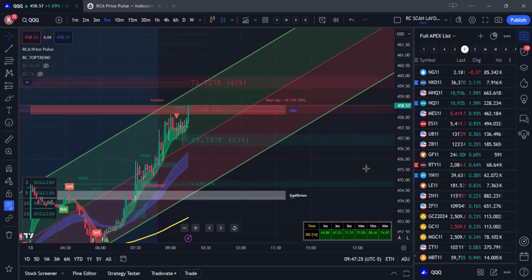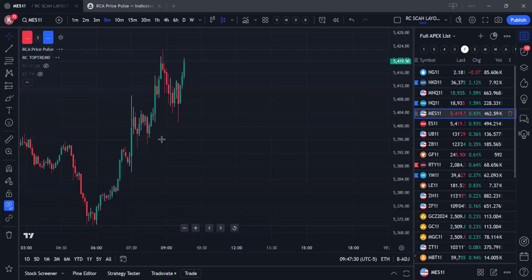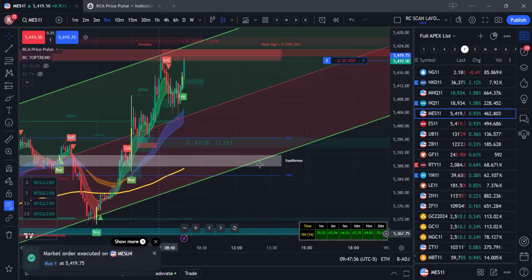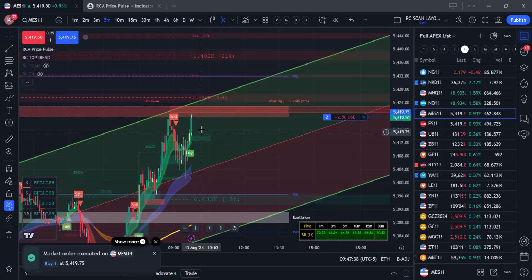So SPY, QQQ, then basically you can also get, if you want to take low risk, you can go with micros. You can go all the way till here.